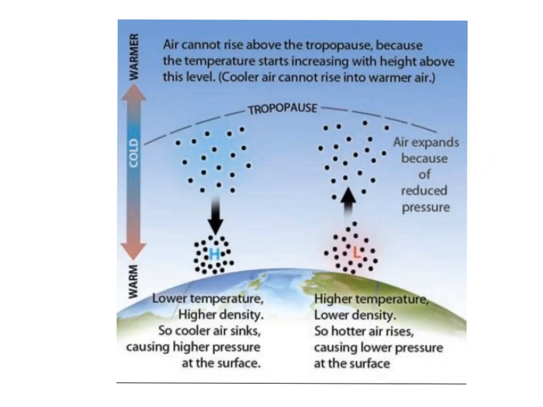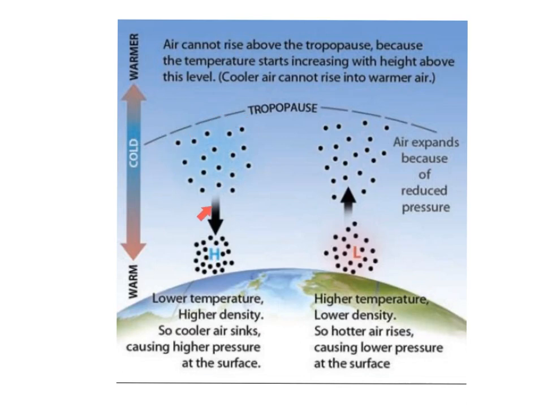We've talked about how air moves, and warmer air that is warmed by the surface of the earth, as it warms, it rises and expands. This is less dense air. The air expands because of the reduced pressure as it goes away from the Earth's surface. As the air rises, it cools.